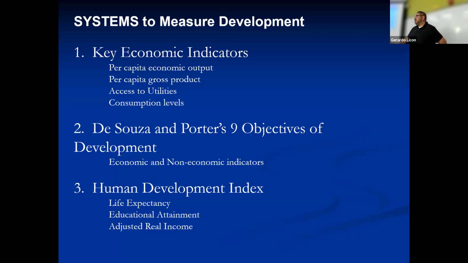Is it enough for people to sustain themselves at a good quality of life? So looking at those three things is a shorthand to try to be as comprehensive as the 9 objectives. But so number 3 is more comprehensive than number 1. Number 2 is the most comprehensive of the 3.